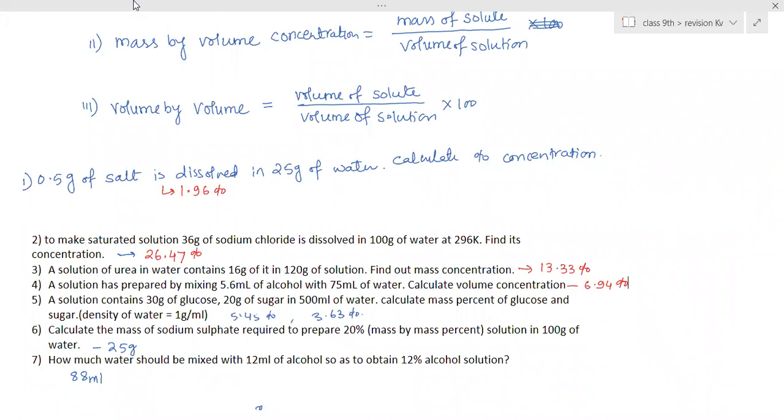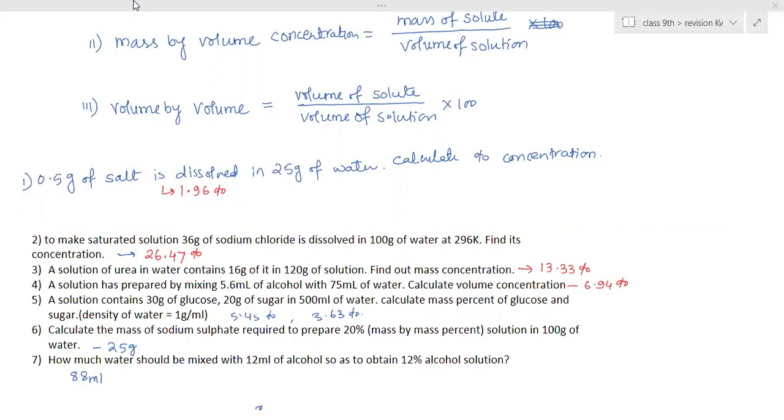Mom, in the sixth one, the mass of solute is 25 grams, right?